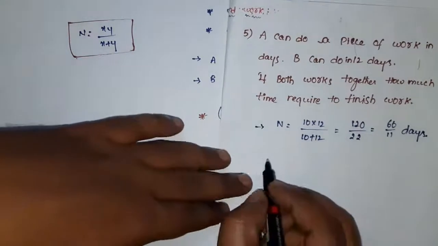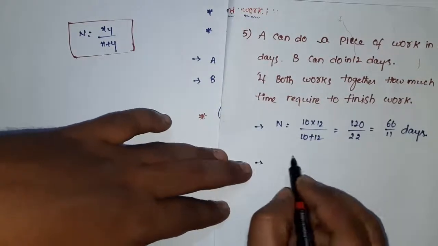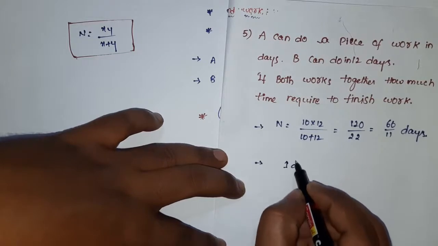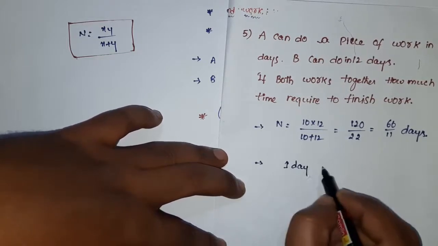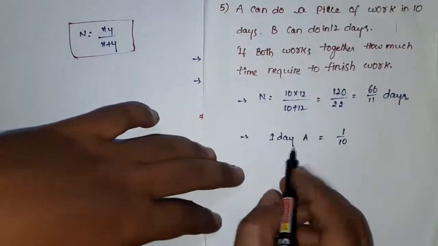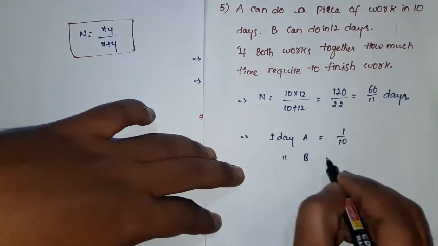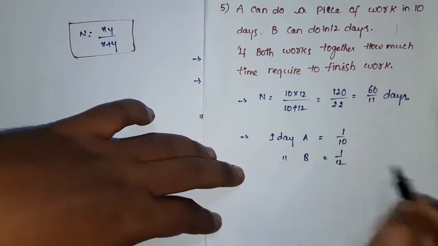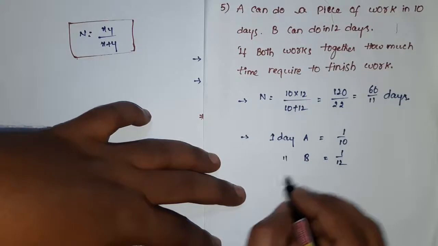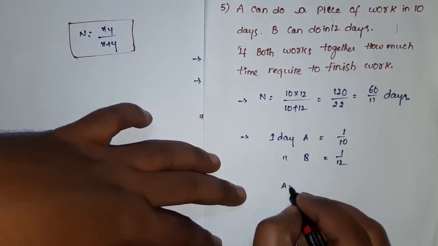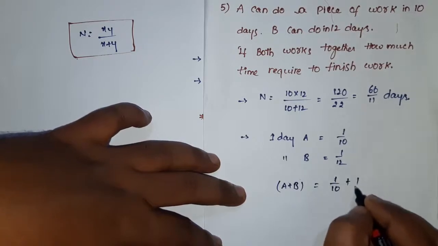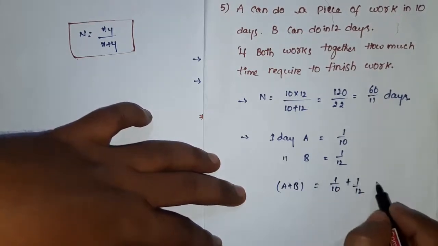If you are not going to use the formula, then the amount of work done by A in 1 day is 1 by 10. The amount of work done by B in 1 day is 1 by 12. So the total work done in a day when A plus B work together is 1 by 10 plus 1 by 12.